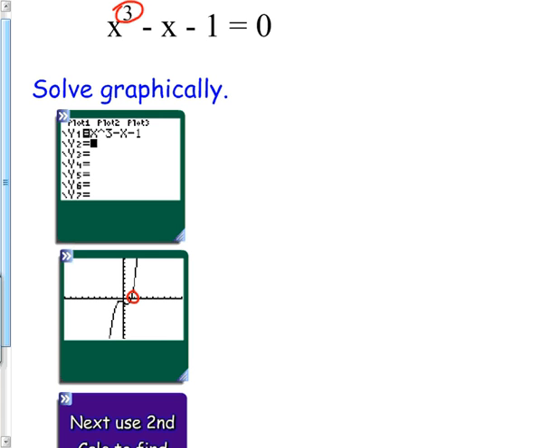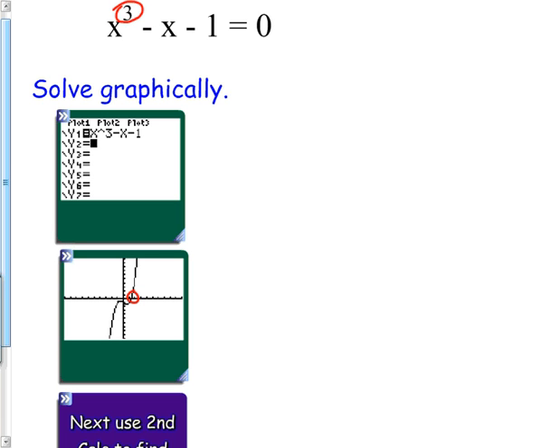That means there's one real answer and 2 imaginary answers. The ones that touch are reals. The one, and then we know there's 2 others that we can't see. They're like leprechauns. You know they're there, but you can't see them.